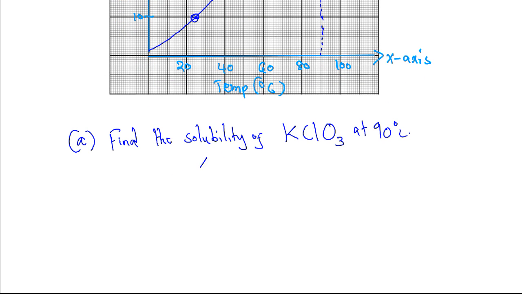That is a solubility of 48 grams per 100 grams of water.